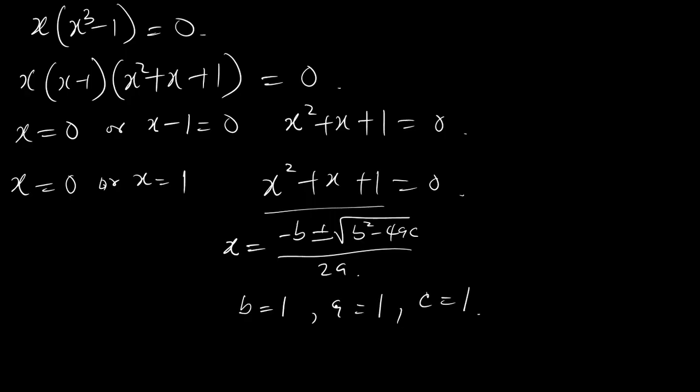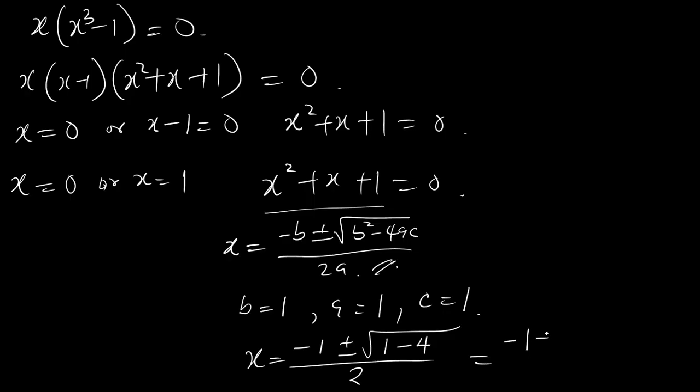So now let's substitute this value into this formula. So you have x to be equal to minus 1 plus or minus the square root of 1 minus 4 divided by 2. This will give us minus 1 plus or minus the square root of minus 3 divided by 2.